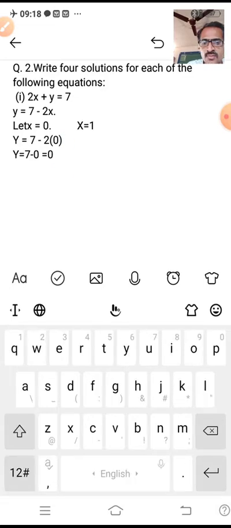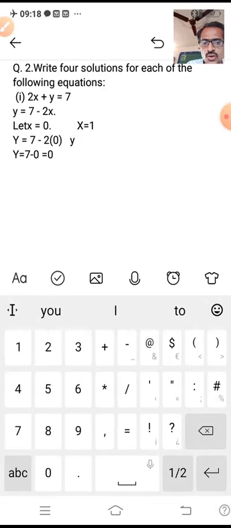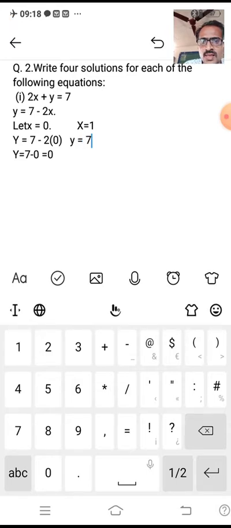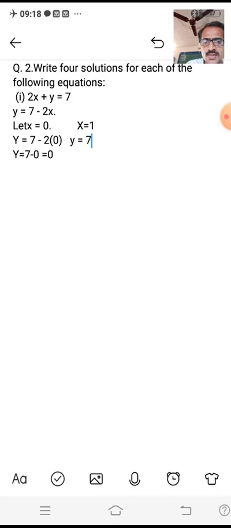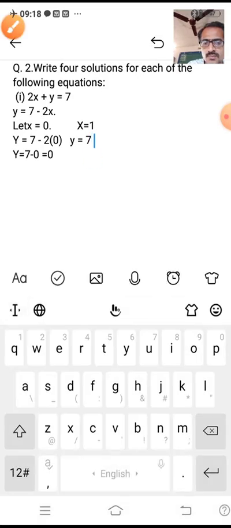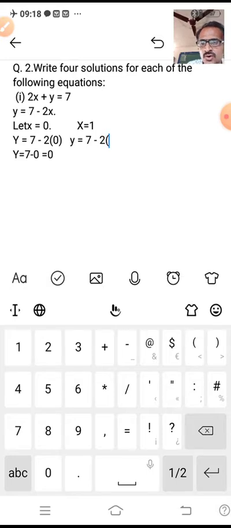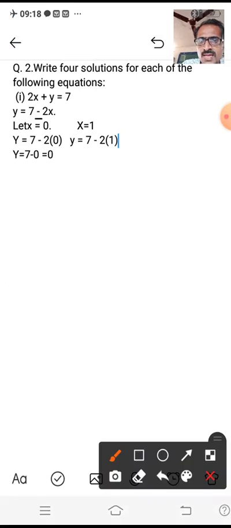Then we'll have y equals 7, this 7 as it is, minus 2, and instead of x what are we going to write? 1. So it is very easy, simple. This 7 I have written as it is, minus 2, and instead of this x, 1.